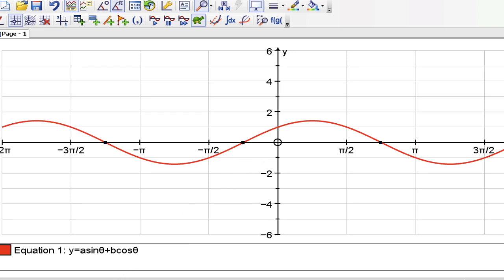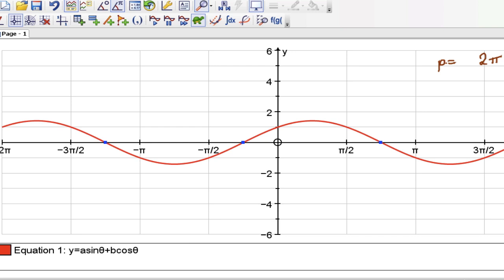Looking at what Autograph says, that point there is at 5.498. That point there is at negative 0.7854. If we take that number and subtract negative 0.7854, we get 2 pi, which is the period. So just like a sine or a cos graph, it has a period of 2 pi as well. I'm going to just say p is equal to 2 pi.